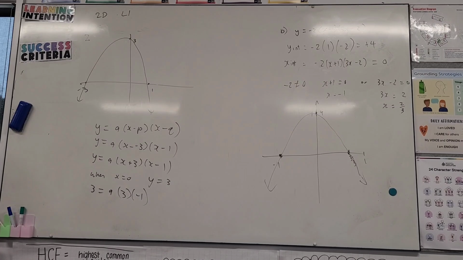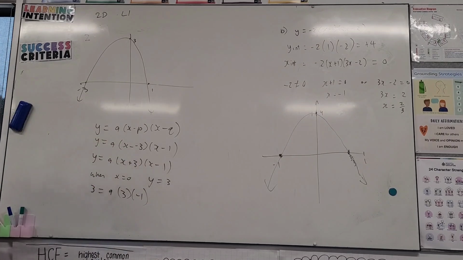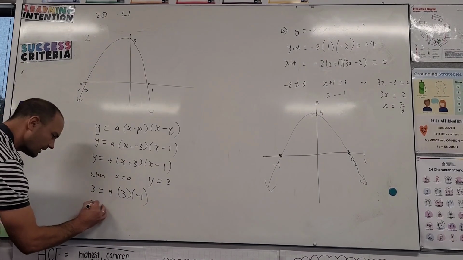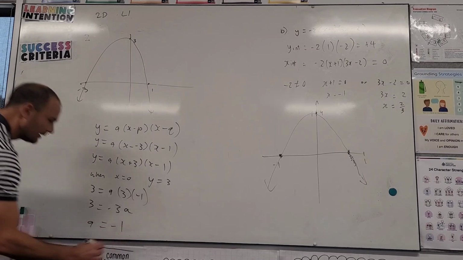And what we have is 3 equals negative 3 times a. So therefore the value of a has to be negative 1. We divide both sides by negative 3. We have a equals negative 1.